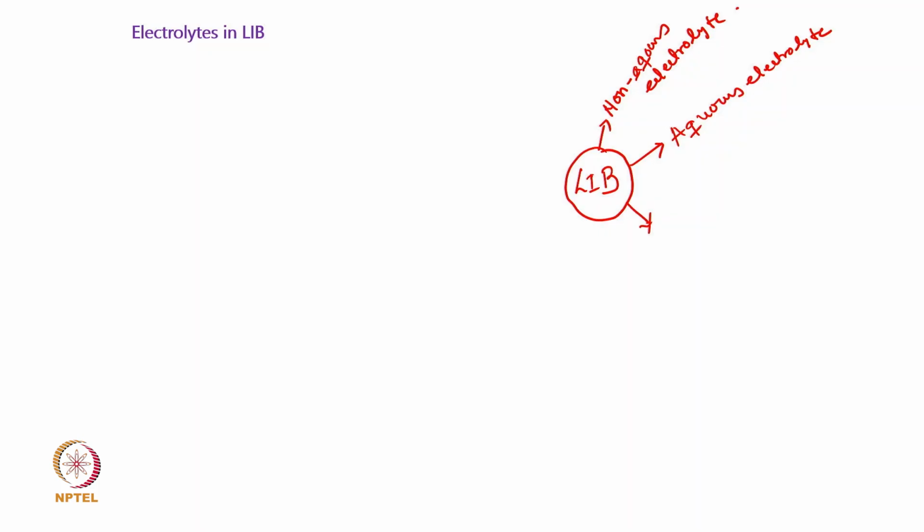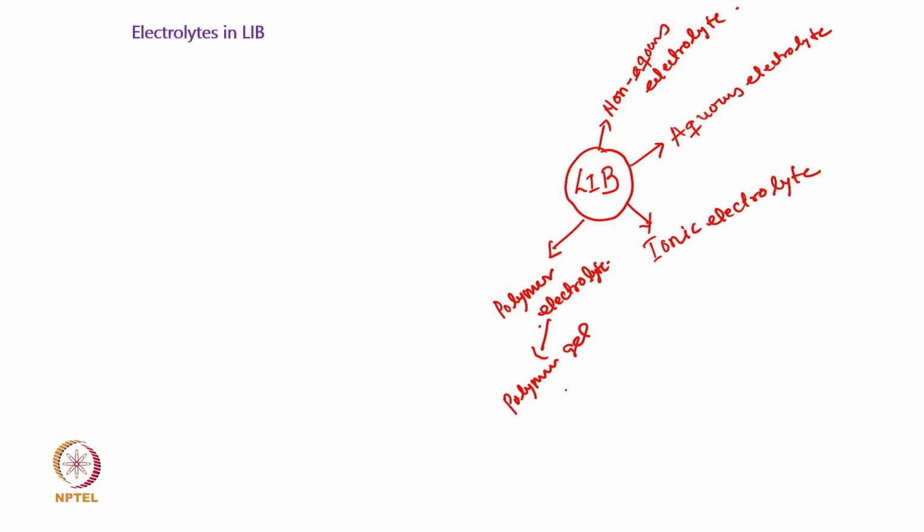One can also use ionic electrolyte. One can also use a polymer electrolyte, with say either polymer gel or polymer in solid, or a kind of hybrid electrolyte.